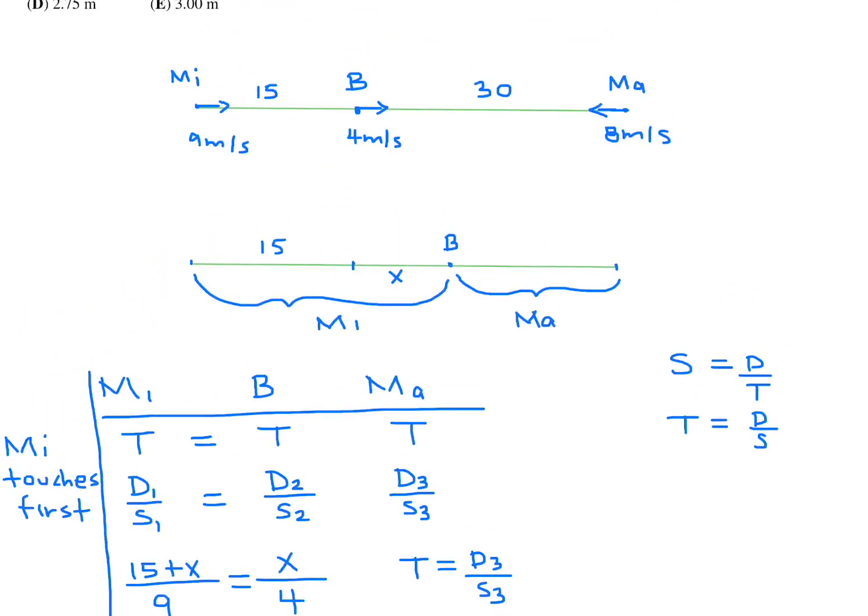Okay, x is 12. Now, this distance from here to here originally was 30, correct? So that means from here to here was 30. If this is 12, then that means that this distance is 18. So when the ball gets to here, it's 18 from where Marcos originally started.